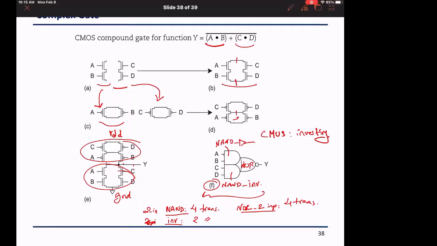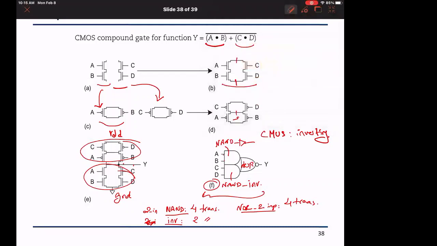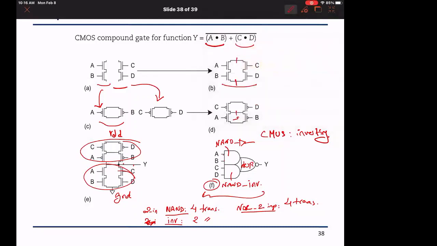Let me erase and let us make a small noise table here for you. Let us look at here if we make a table. I need first for A and B, how many transistors? I need NAND plus an inverter.